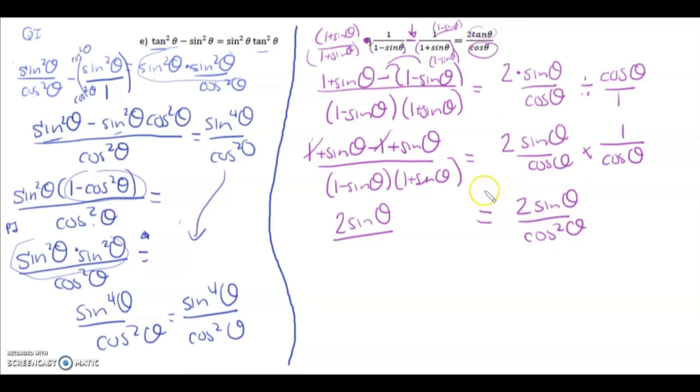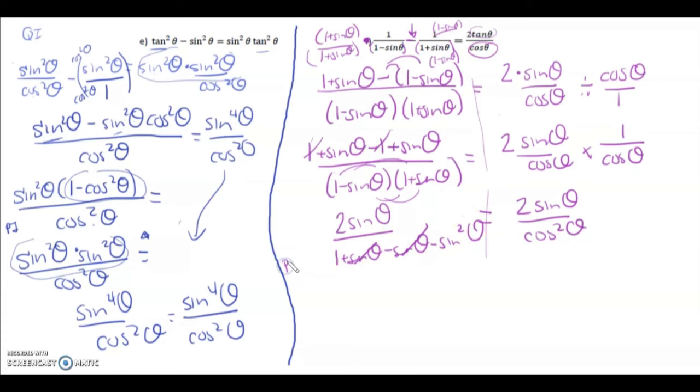Okay, so I was right. We have to do difference of squares on the left-hand side. You notice that nothing has come over that equal sign. When we expand this, we get 1 plus sine theta minus sine theta minus sine squared theta. Those middle terms cancel out, and we're left with 1 minus sine squared theta.